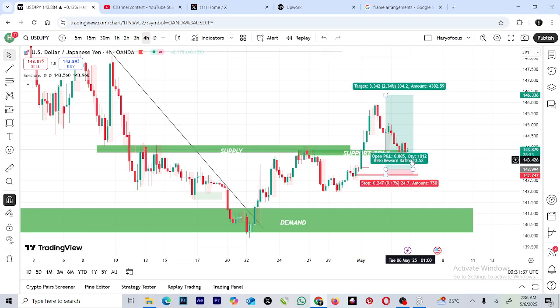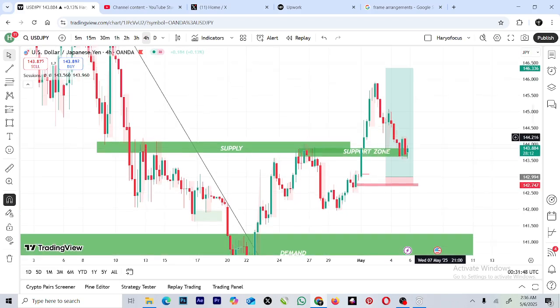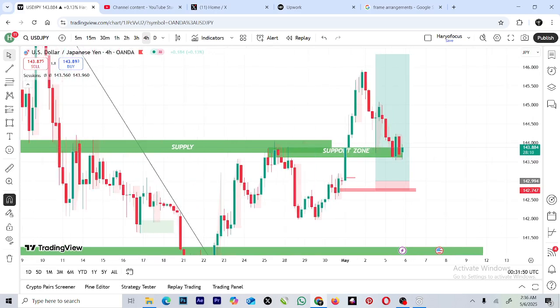You will see when market reach this support zone, it started to consolidate. Maybe it's going to break down and clear this imbalance, or it's going to go up. So that reason why I say support zone can turn to resistance, while resistance can turn to supply.